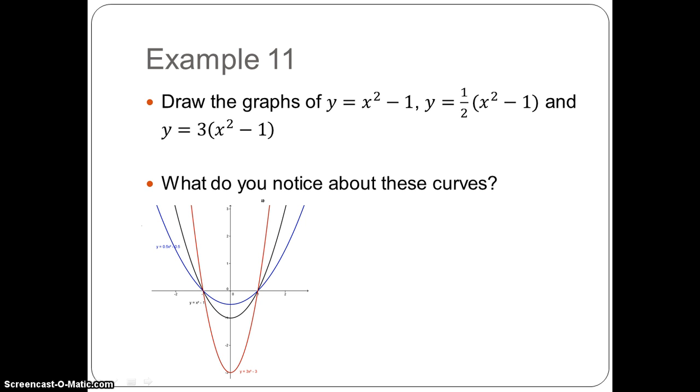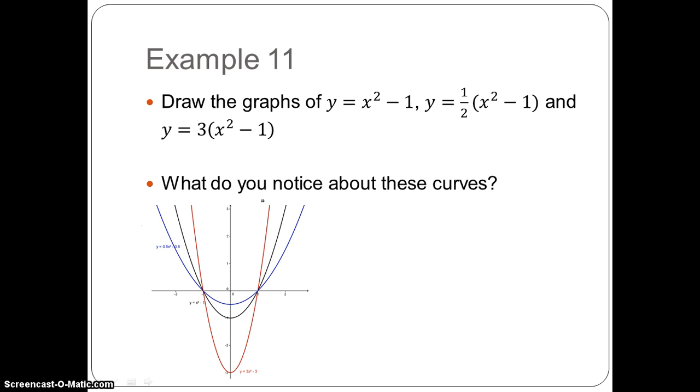They all look kind of similar, but the graph of 3 times x squared minus 1 has been stretched out along the y-axis, whereas the graph of a half x squared minus 1 has been compressed along the y-axis.